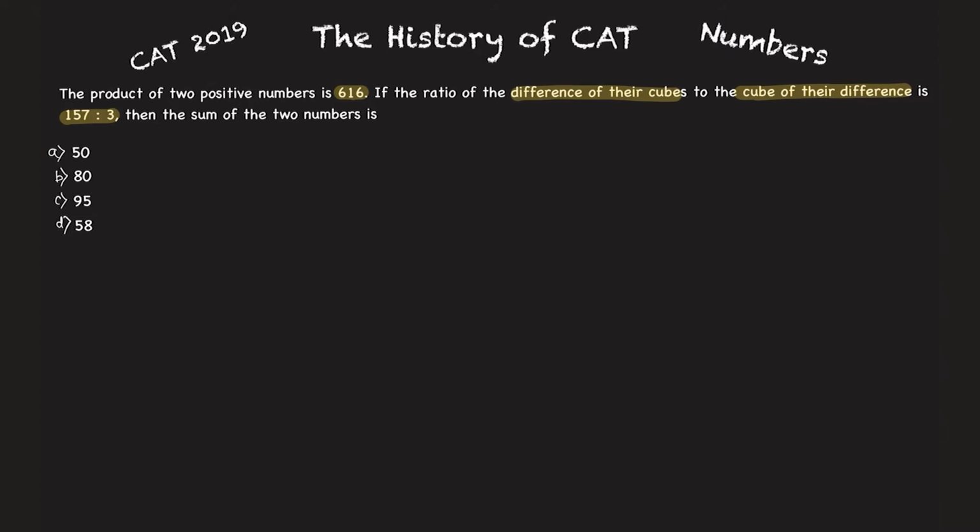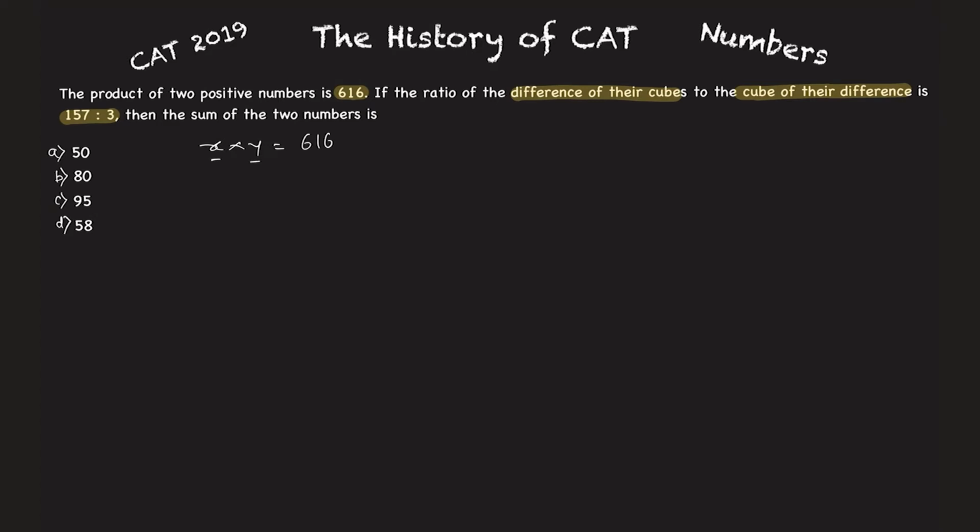So let's see, we have options here. Let's see how we can go ahead and solve this. Let's say x and y are two numbers. x into y is equal to 616. One number is x and the other number is y.